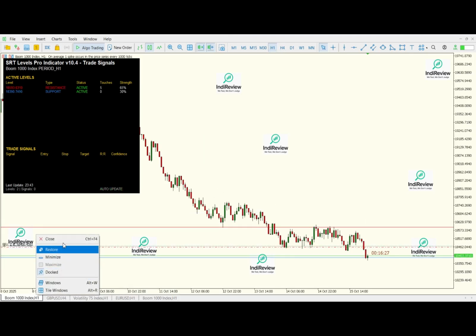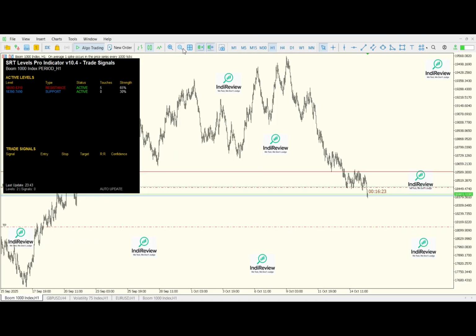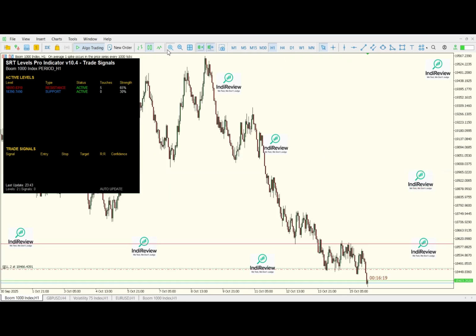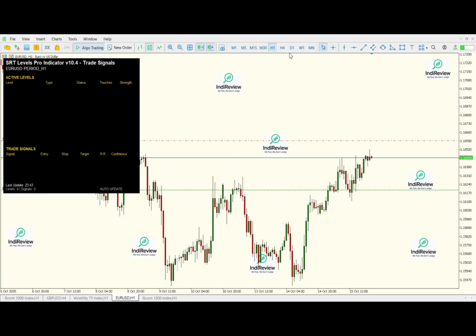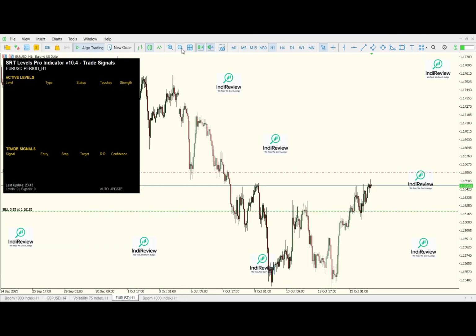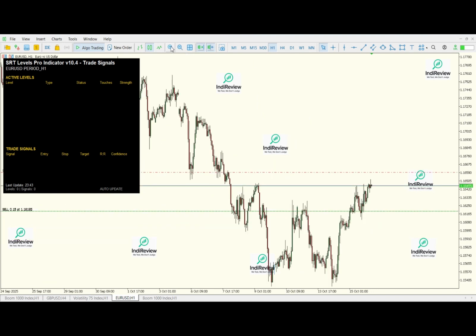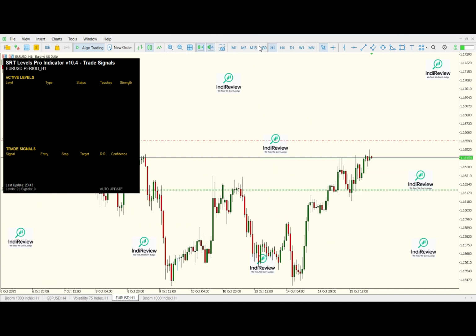Let's see if I can add the channel. Let's look for one that has a channel that we can add to it. Okay. So let's do again. If I draw my supports here, the system automatically identifies them as supports.